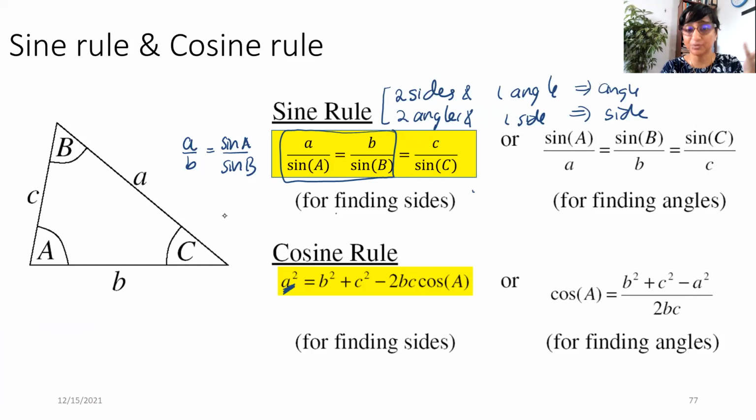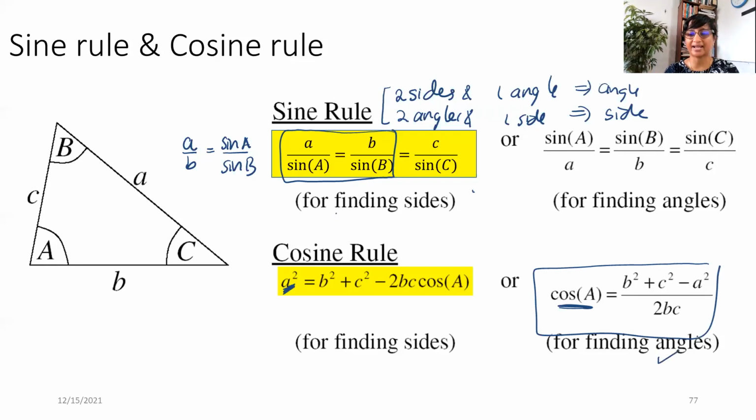You can also use the cosine rule to find an unknown angle. Then, with the same formula, you make cos A the subject. It would look like B squared plus C squared minus A squared over 2BC. It's the same rule in 2 different forms.